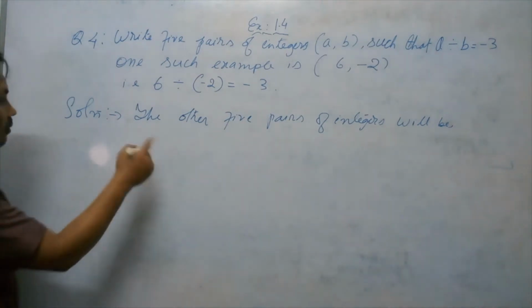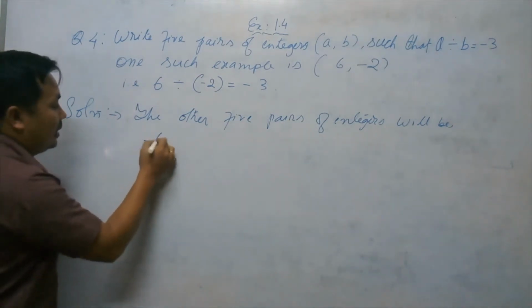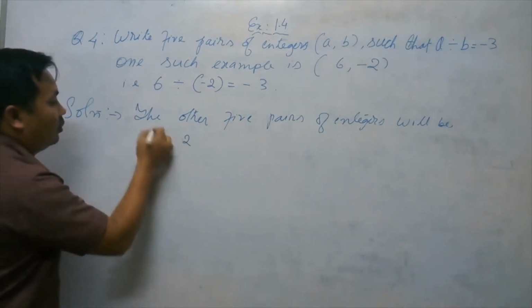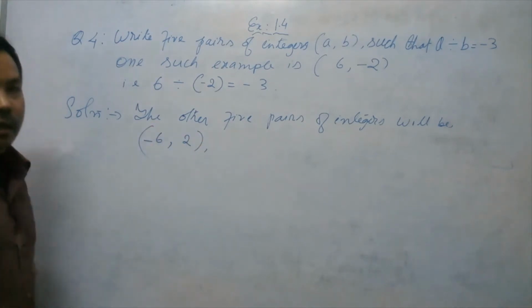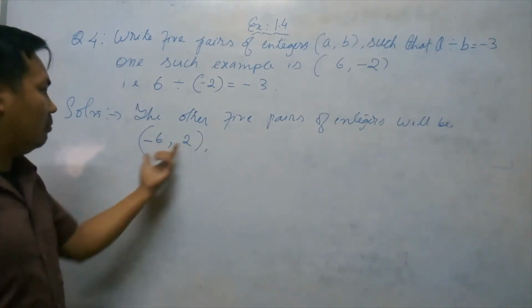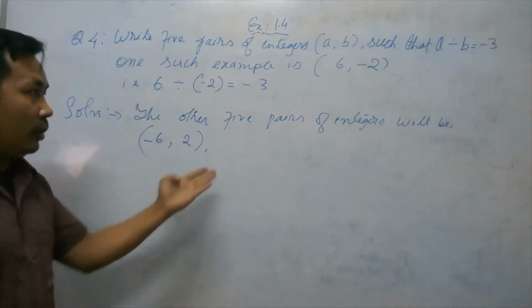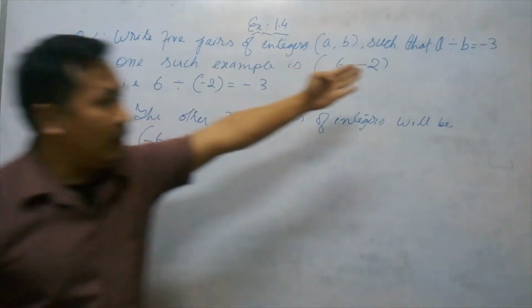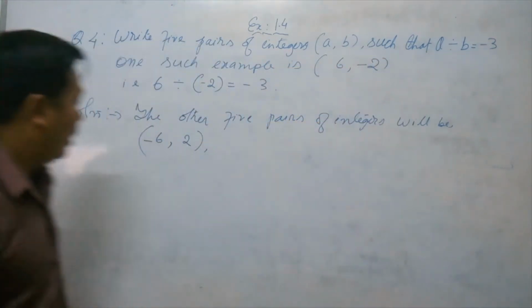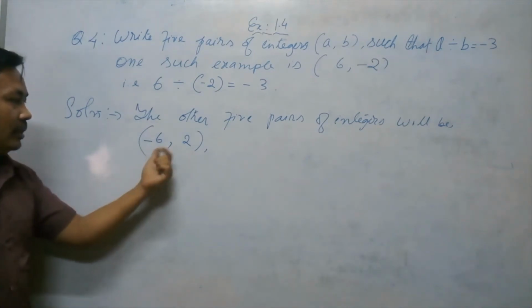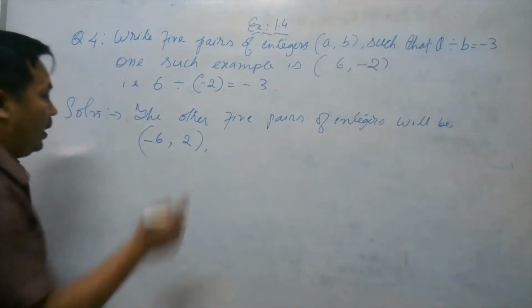We can take minus 6 and plus 2. This is the first pair. When we divide 6 by 2, we get 3, but that 3 will be minus 3 as given in the question. Okay. We can also take the pair 6 and minus 2. Let us see another pair.